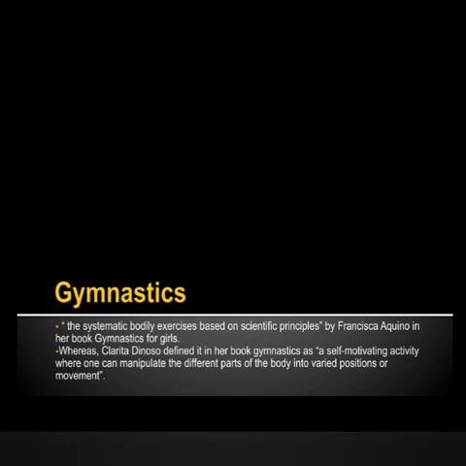Gymnastics was defined as the systematic bodily exercises based on scientific principles by Francisca Aquino in her book Gymnastics for the Girls, whereas Clarita Donoso defined it in her book Gymnastics as a self-motivating activity where one can manipulate the different parts of the body into varied positions or movement.